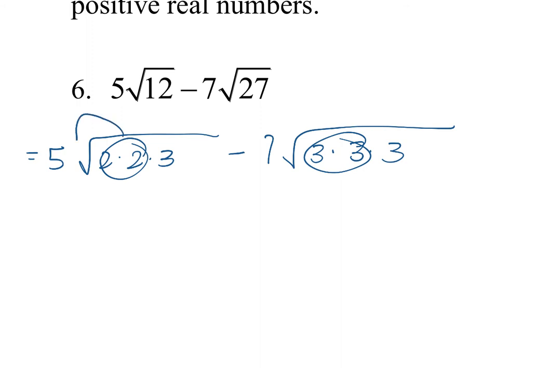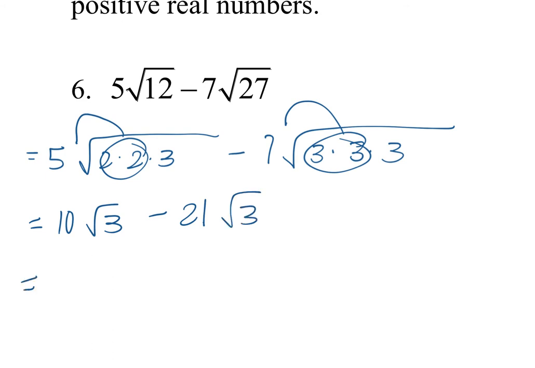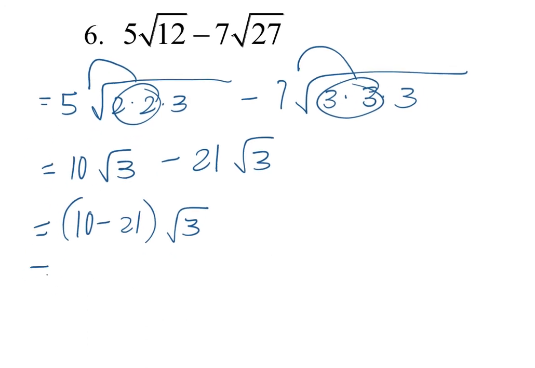So I bring a 2 out and I bring a 3 out. So 5 times 2 is 10 square roots of 3, and that'll be 7 times 3, 21 square roots of 3. We now have like radicals. So we can say it's square root of 3, 10 minus 21, so negative 11 square roots of 3.